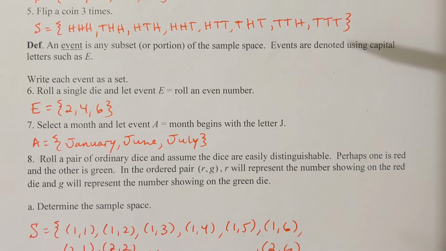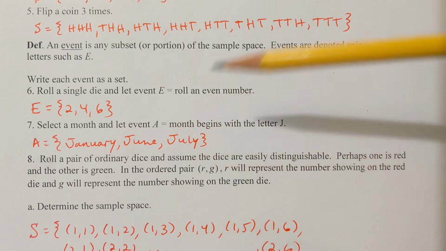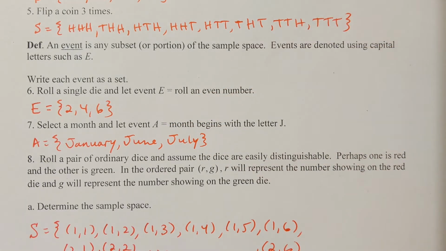Well, on a single die, the only even numbers are 2, 4, and 6. Again, make sure you're using set bracket notation when you list those outcomes. Problem 7, select a month and let event A be the event that the month begins with the letter J. Okay, so as a set, January, June, and July would be the months there that I'd list.